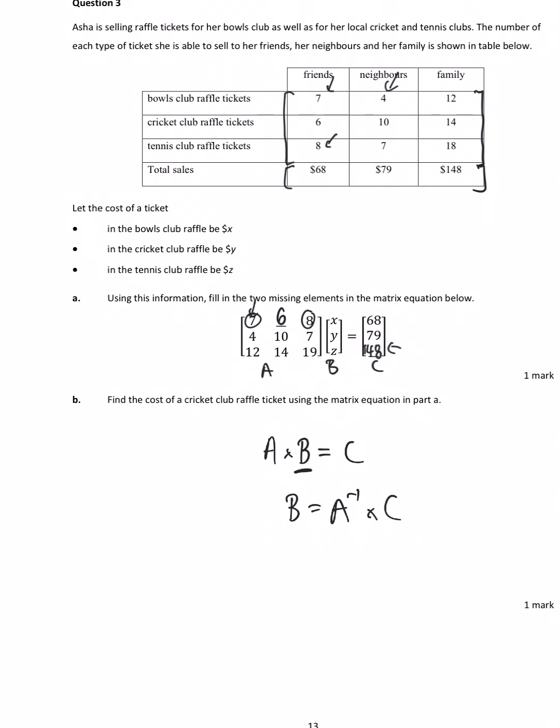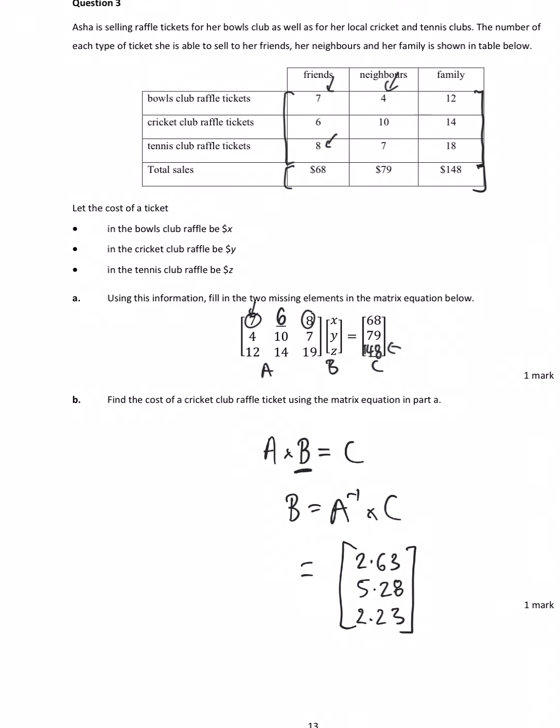And what we get is some ugly numbers. We get a 3x1 matrix. Because we're dealing with money, I'll go to 2 decimal places. This is 2 point, this is 5.28, and this is 2.23.